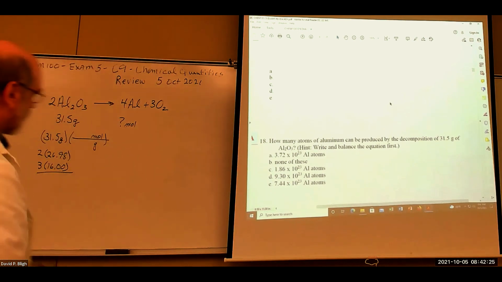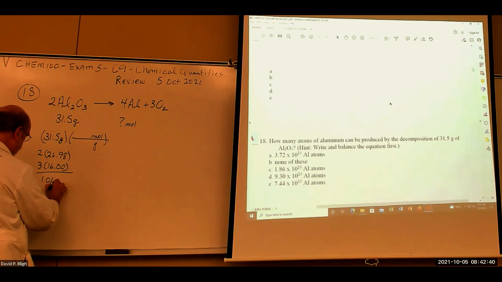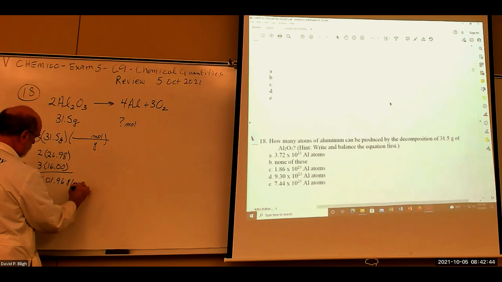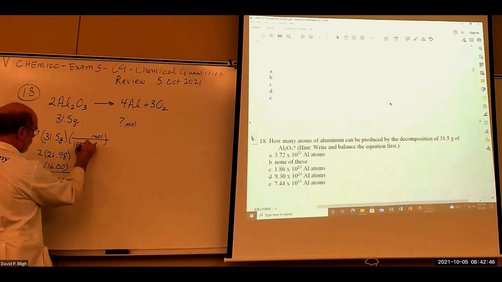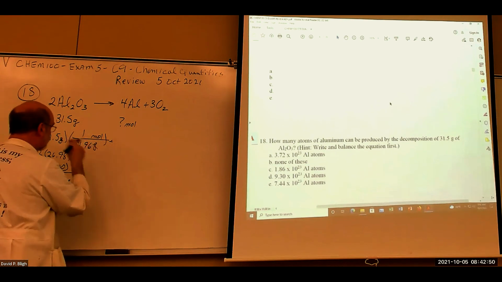So let's see what that value is. 26.98 times 2. And then what's 3 times 16? I think it's 48. So that's 101.96. 101.96 grams per mole. So 101.96 goes here, so we can cancel the grams and leave us with moles.